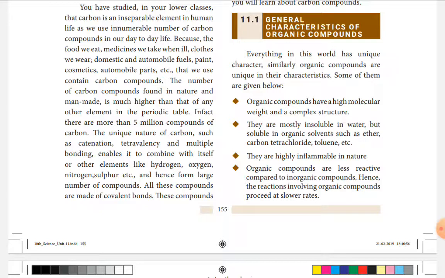They possess the phenomenon of isomerism. Isomerism means the same molecular formula having different structural formulas and differences in physical and chemical properties. They are also volatile, that is, they tend to evaporate at normal temperature and pressure, and these compounds can be easily prepared in the laboratory.